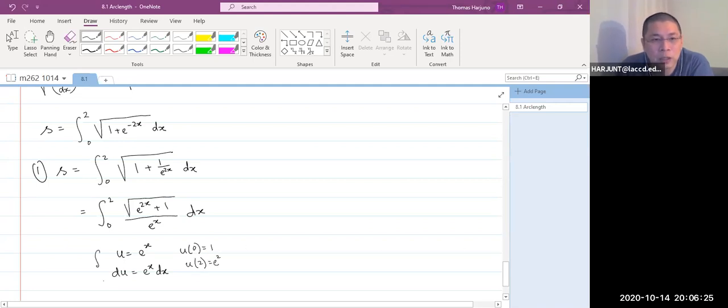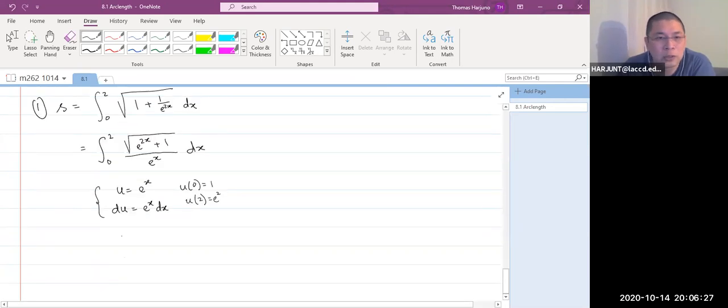So my integral now becomes the integral from 1 to e squared, square root of u squared plus 1 over u times my dx, which is du over u.